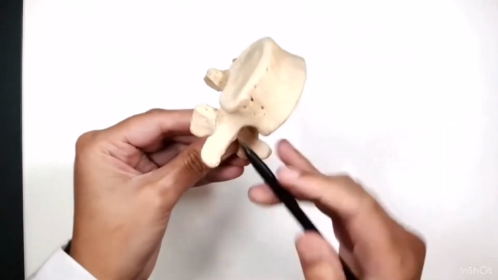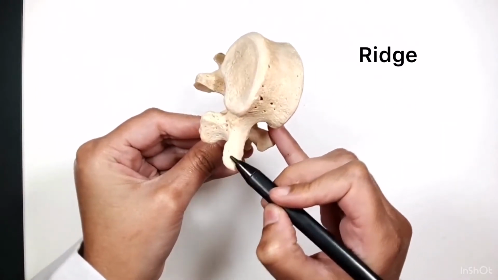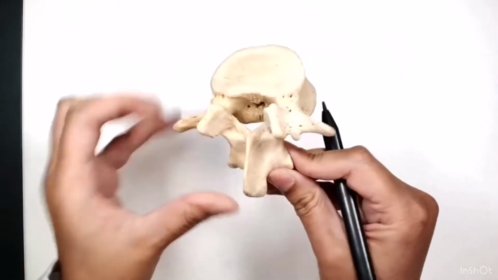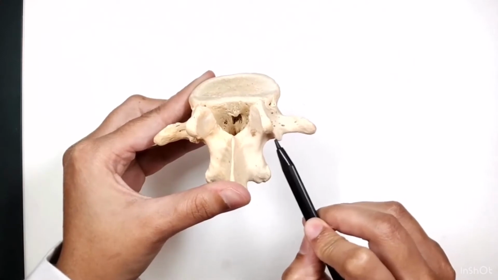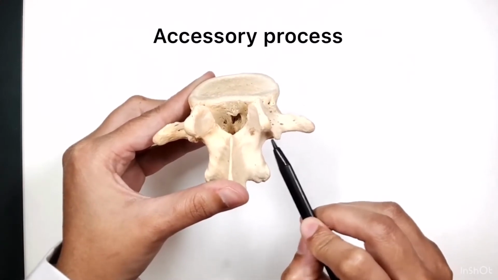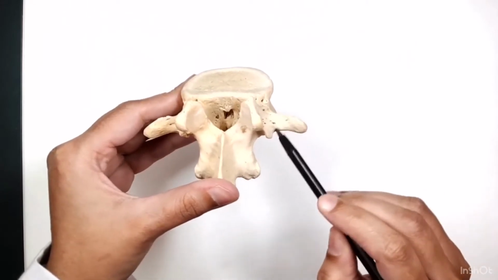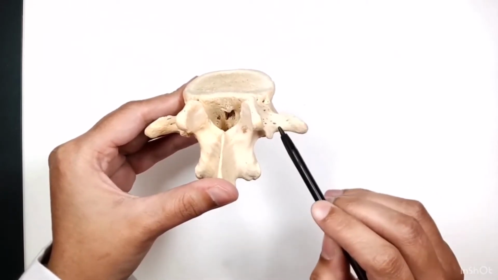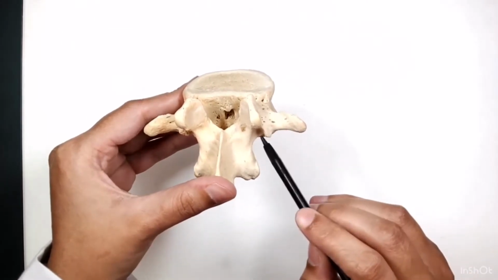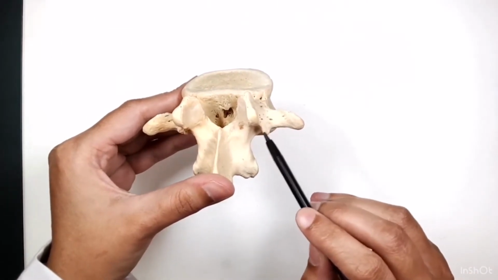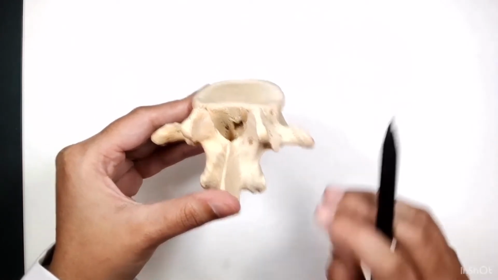On the anterior surface of the transverse process there is a faint ridge, and on the posterior inferior part of the transverse process there is an elevation. This is known as the accessory process. Actually, this transverse process is the costal element and it is homologous with the rib of the thoracic region, while this accessory process is considered to be the true transverse process.